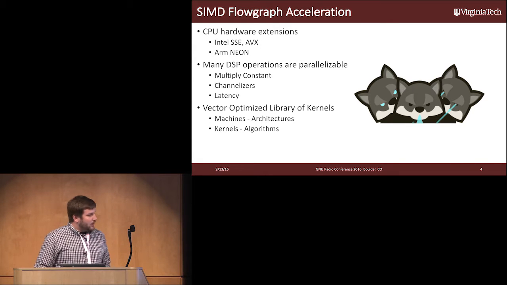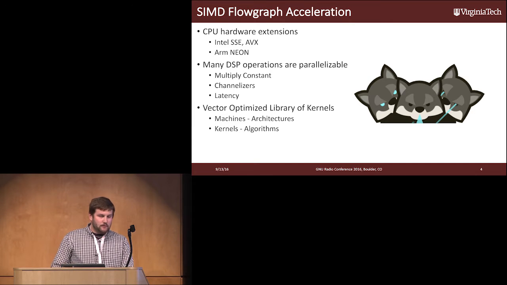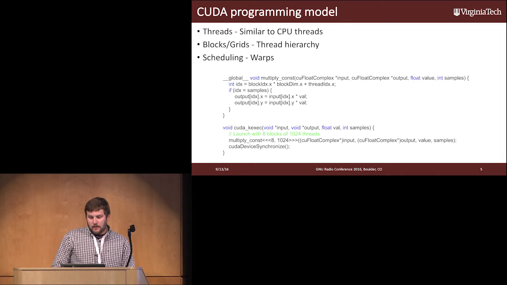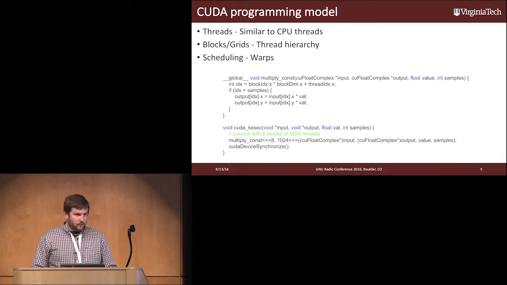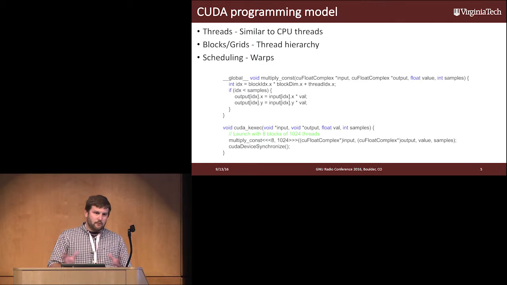So there's a lot of work with VOLK exploiting these parallel architectures in CPUs for acceleration. But when you start working with GPUs, it's a whole different ballgame, because of the CUDA programming model. I'll be talking about CUDA because all the stuff we've done is on NVIDIA processors, but all of this can very easily be transferred over to things like OpenCL.